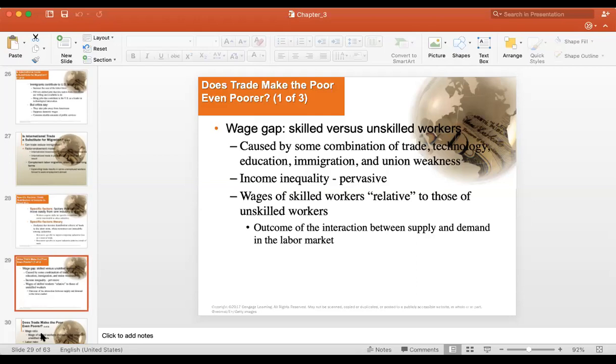I'm talking about empirical studies based on real data done by some reputable economists. And they have actually found that trade, at best, is probably responsible for 7% of the wage gap.